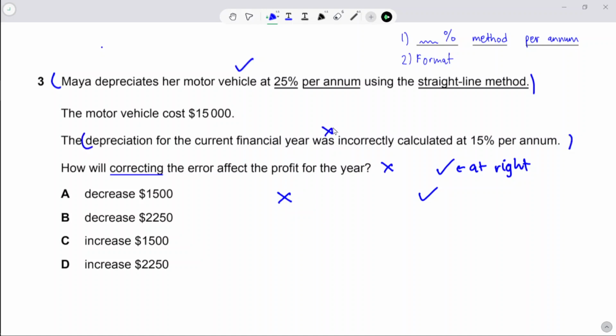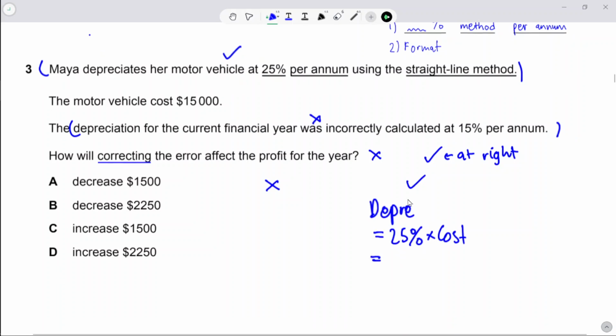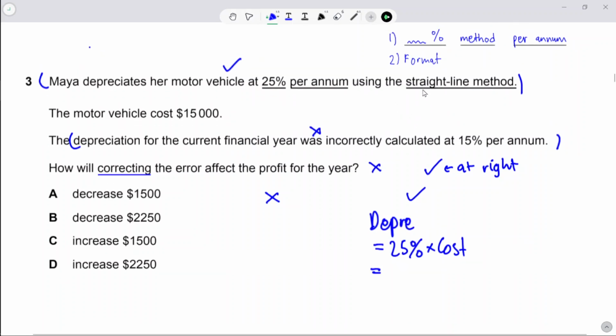This one is not correct one. So the correct one is say depreciation equal to 25% per annum straight line. Straight line so times cost. So the cost is this amount put inside.